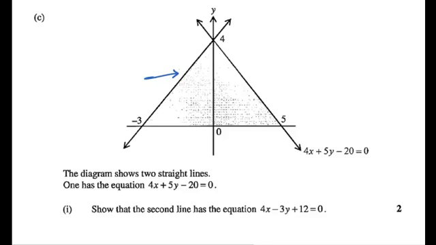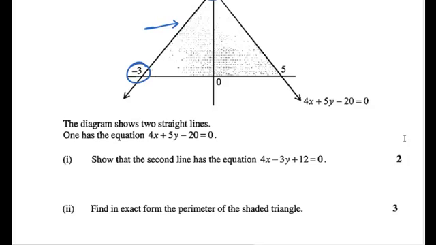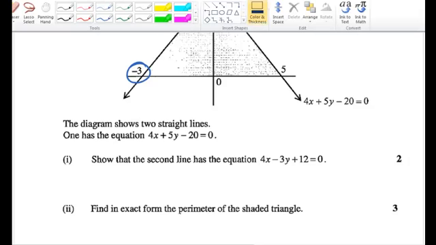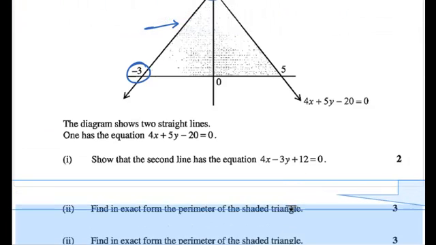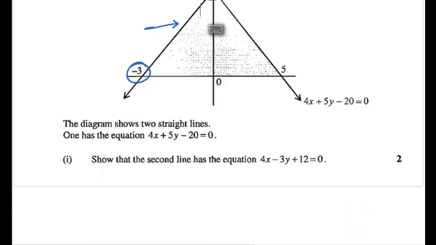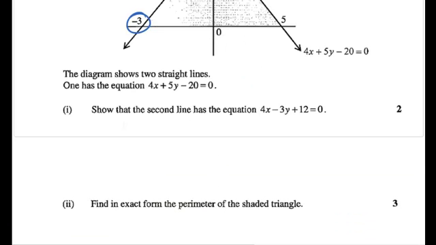Now you can see 2 specific things about this line: its x-intercept is negative 3 and its y-intercept is 4. I think the best solutions showed me that. So if you find the x and y-intercept from this equation, that was the best way of doing it. So let's just quickly do that.